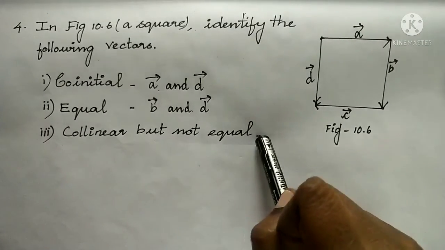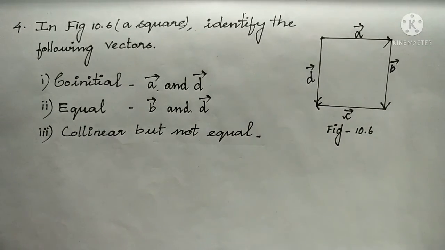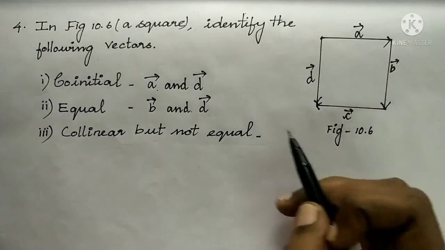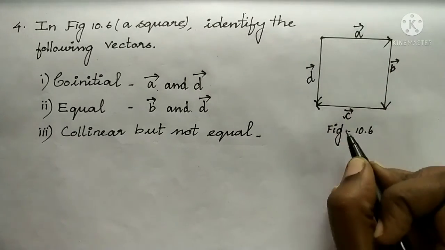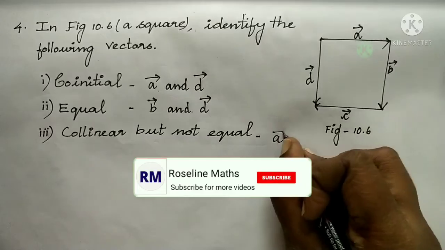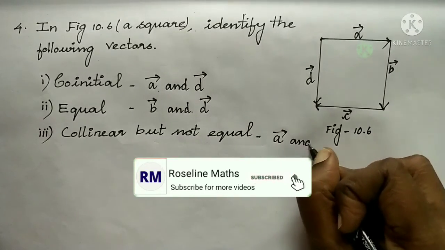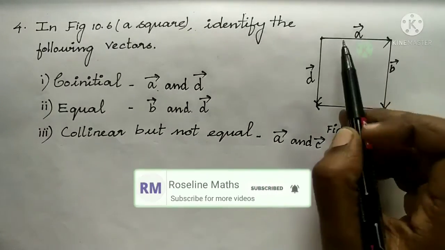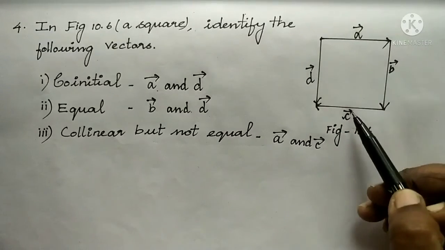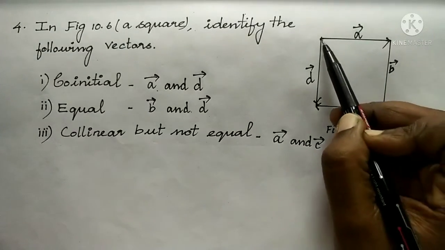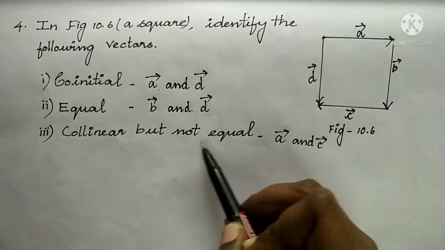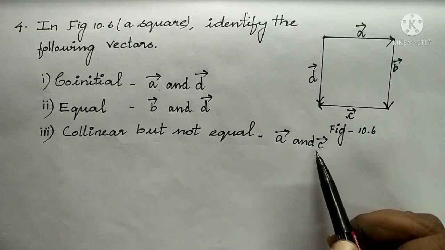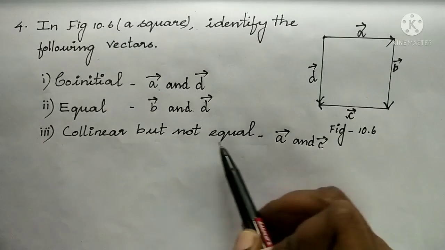So not equal means it should not have same direction or same magnitude. So we can take collinear but not equal vectors as A vector and C vector. They are collinear, they are parallel to each other, and at the same time they are having same magnitude but they are in opposite direction. So it is not equal. So A vector and C vector are collinear but not equal.